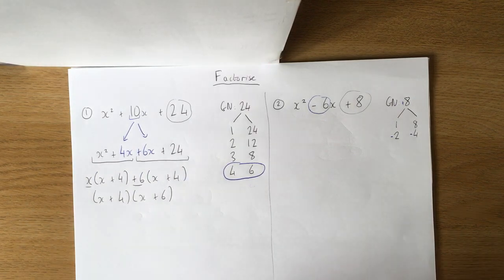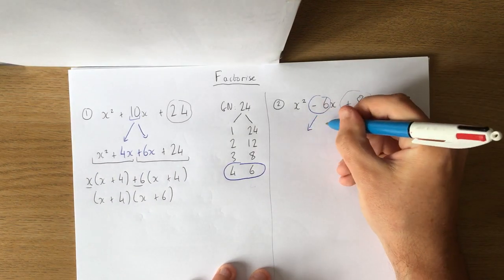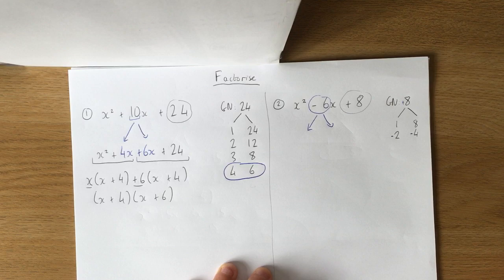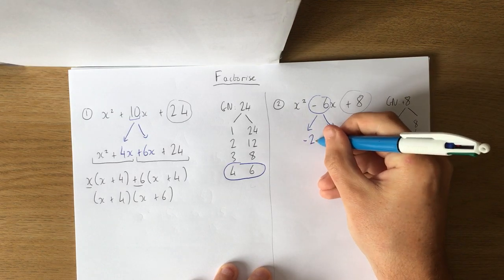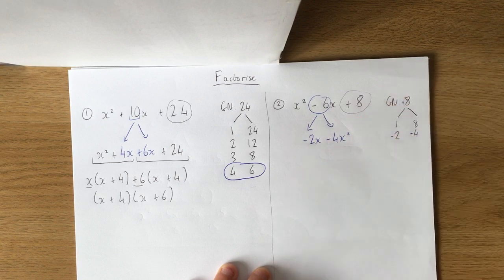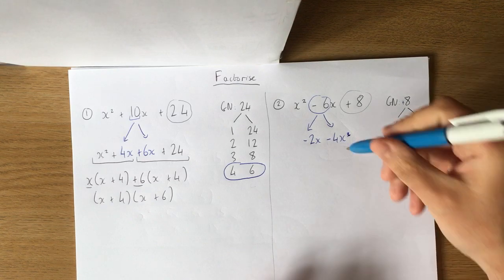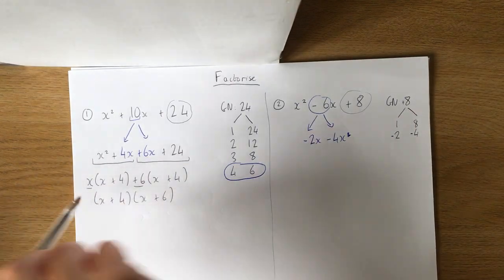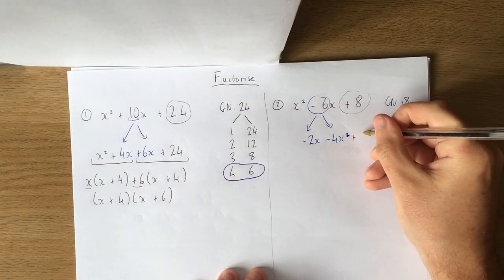All right, so I am going to split minus 6x up into minus 2x minus 4x. Order wouldn't matter. I could put the 4 first and the 2 second and it would still be correct. Still got my plus 8 at the end.